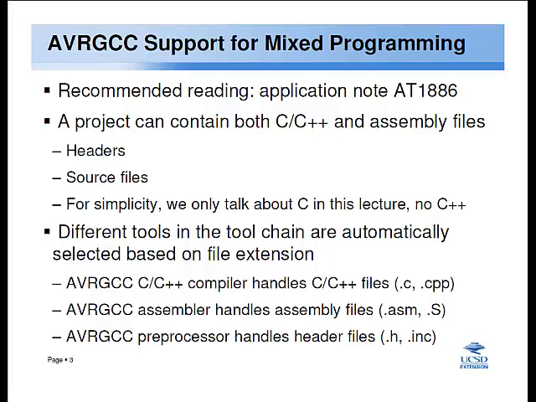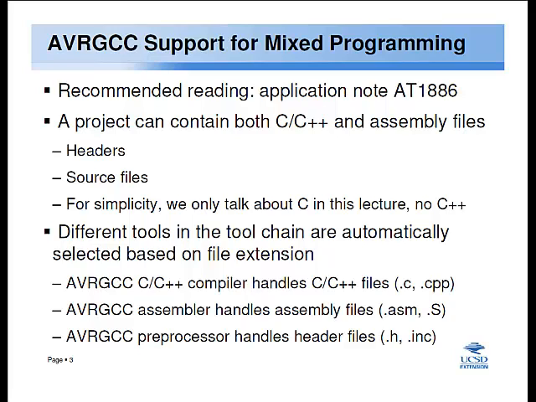In our AVR GCC setting, not CodeVision AVR, in the project, you may have already noticed that when you click the new file, it does allow you to generate a new file in C language, in C++ language, and in assembly.